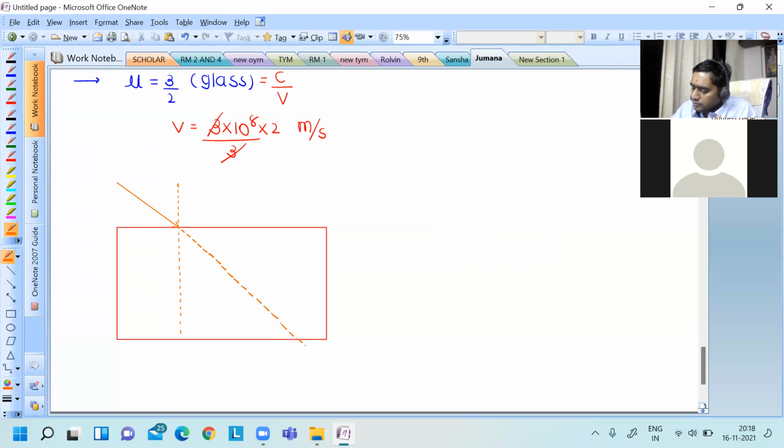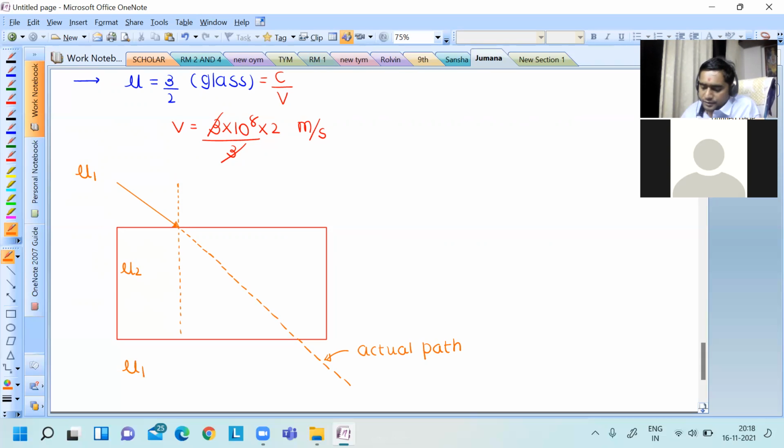I'm drawing this line very long so we can understand our topic. This is the original path of the light, the actual direction or the actual path. Let me consider mu1, mu2, and again mu1.